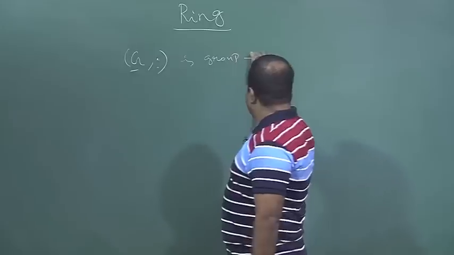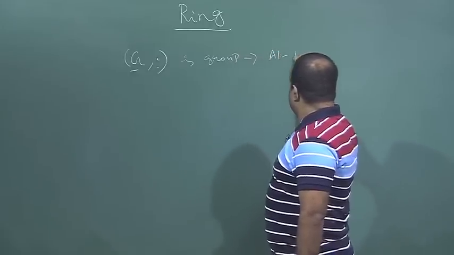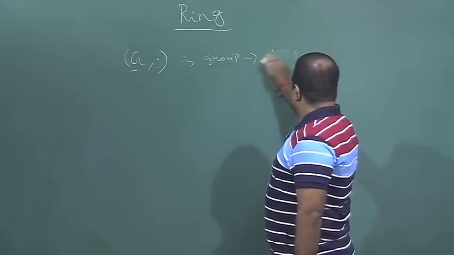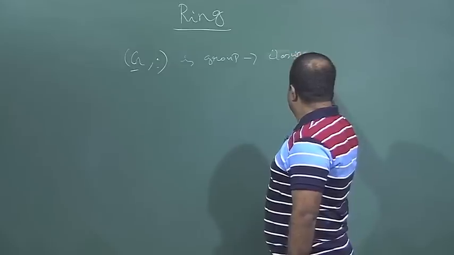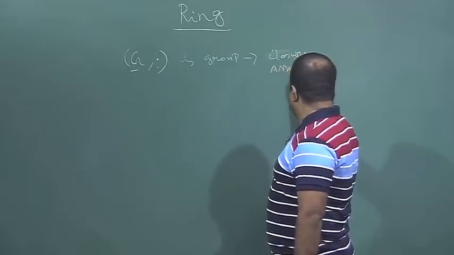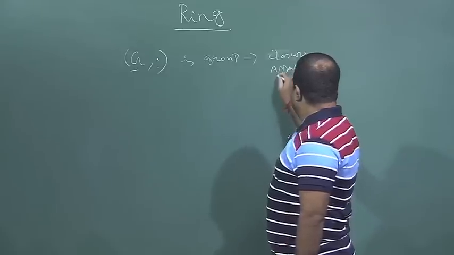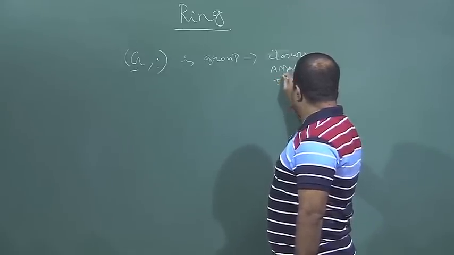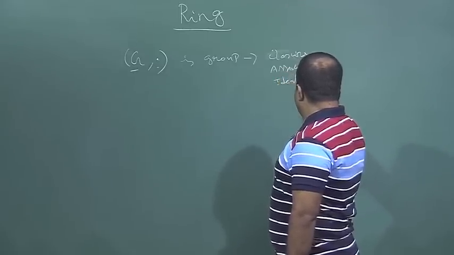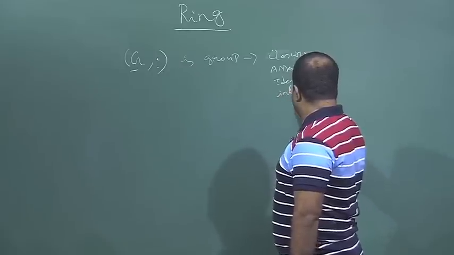if it satisfies a few properties we have seen: closure, associativity, identity element, existence of an identity element, and inverse.